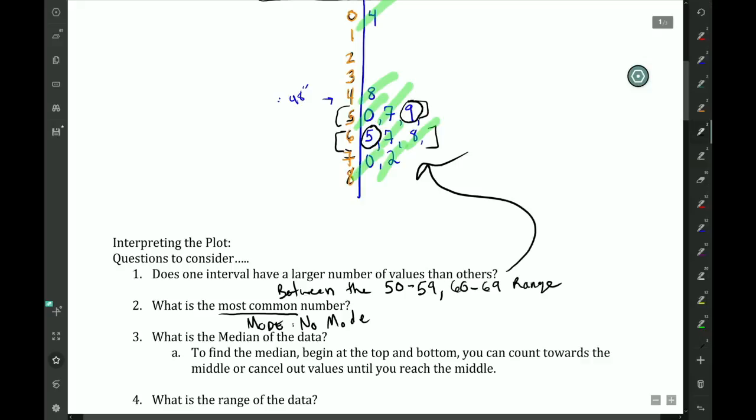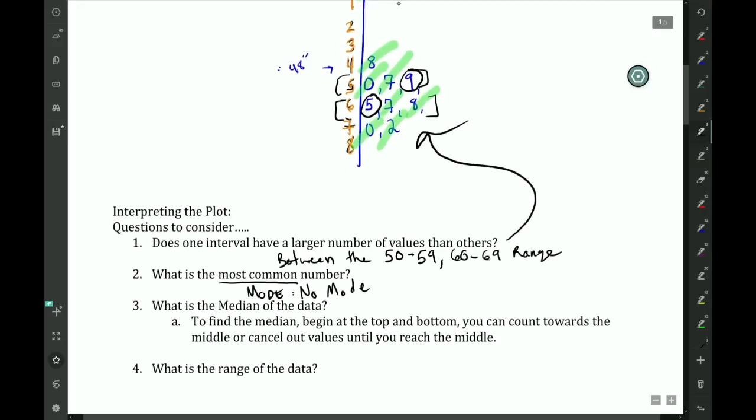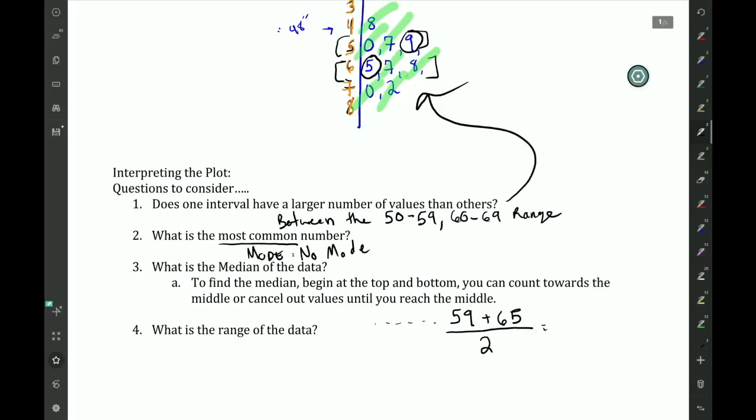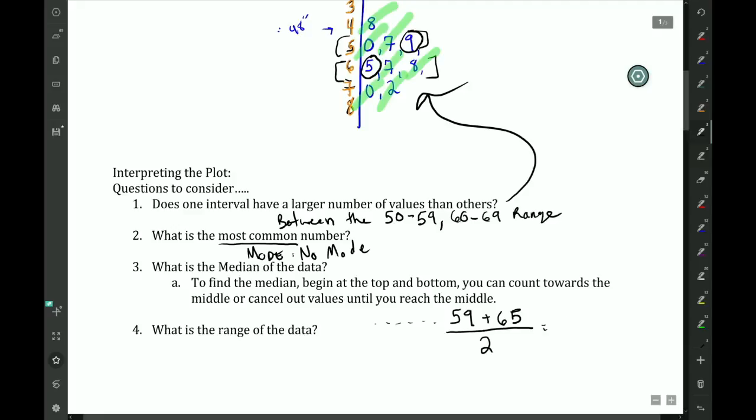How do you find the average whenever there are 2 middle numbers? Well, we take 59 plus 65 and divide by 2. That's all from yesterday. 59 plus 65 over 2 is 62. That is the median height.